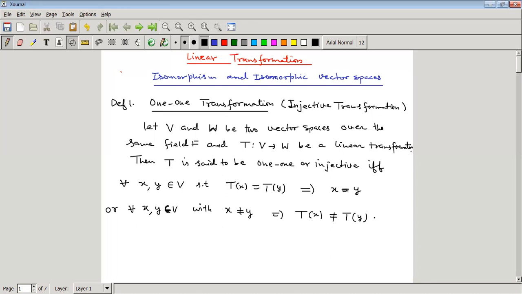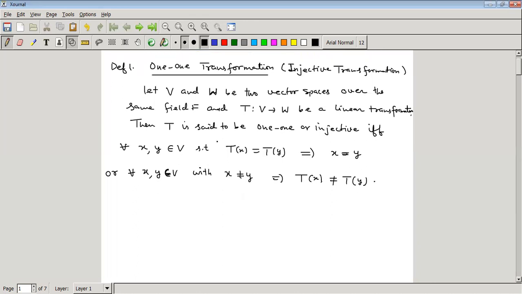So this first one and second, both are same, but second is the contrapositive of first one.